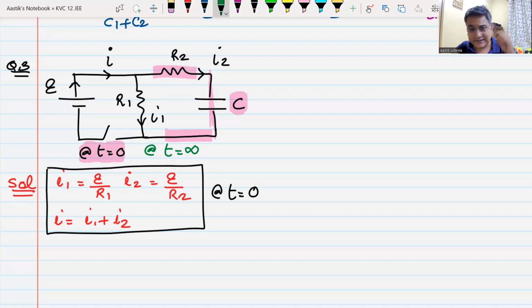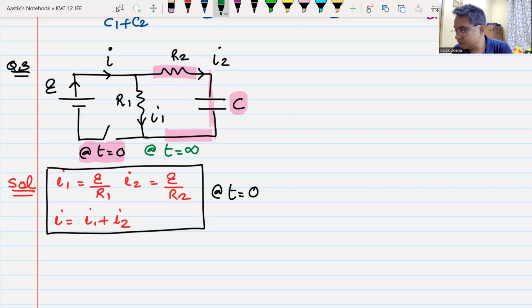Now I am asking you the same question. After a long time, what is the value of I, I1 and I2? Take a deep breath. Listen to the question. Understand what is asked and give me the answer. You will get 2 minutes to solve this.